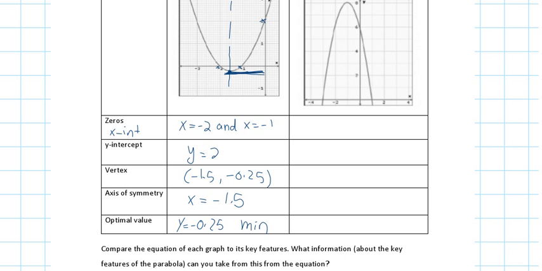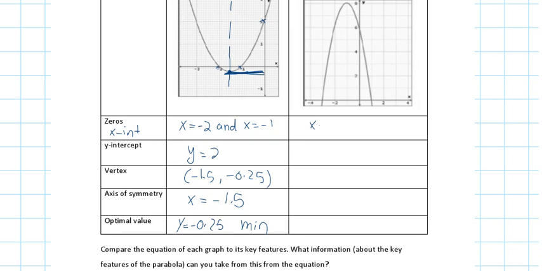What are the x-intercepts for this? -3 and 1, yes. So if you look right here, the y-intercept, y equals 6.